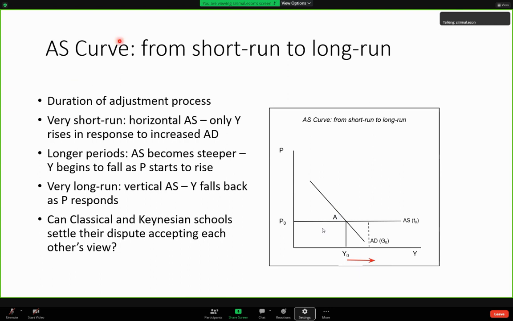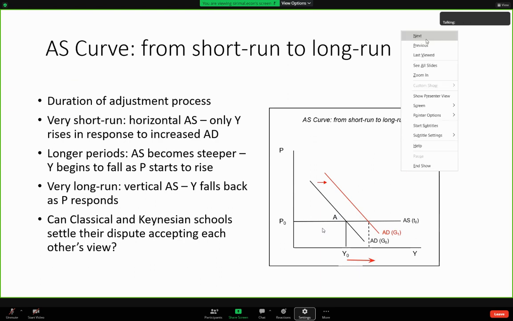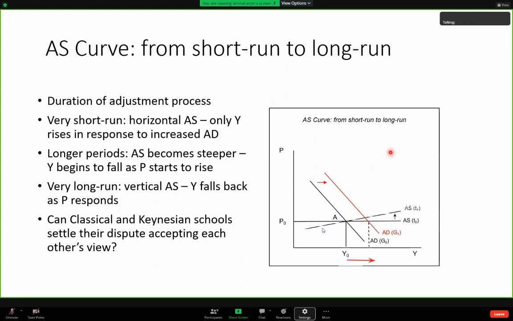For example, in the short run, of course, this horizontal AS curve. But in a slightly longer run, you will have a little steeper AS curve, which means the increase in aggregate demand, the red line, will show a lower increase in output level here, and the price goes up.